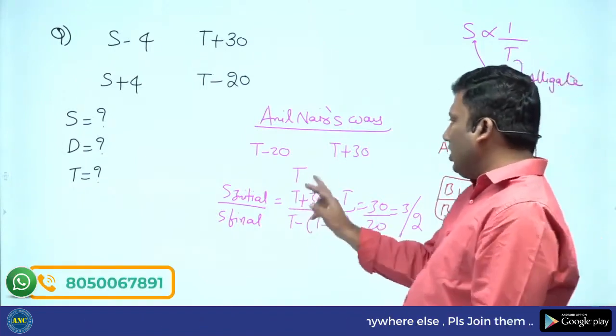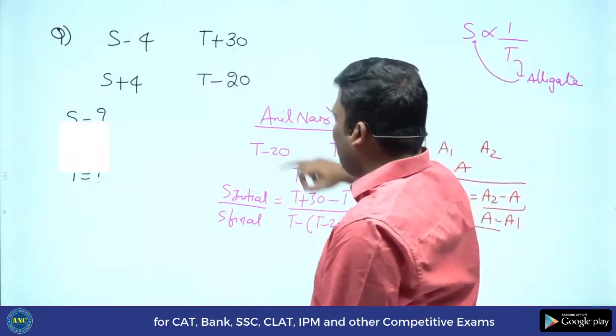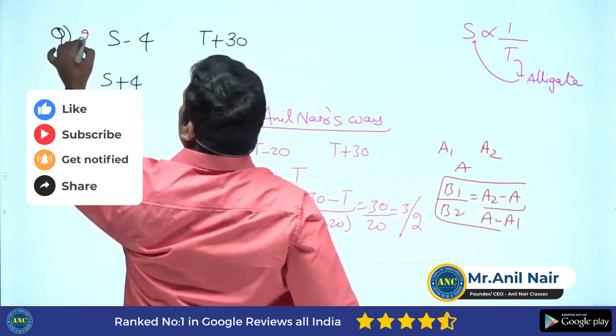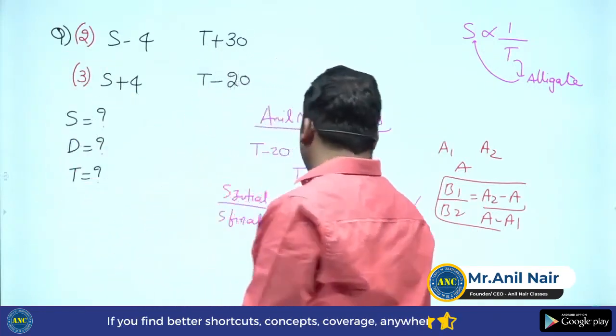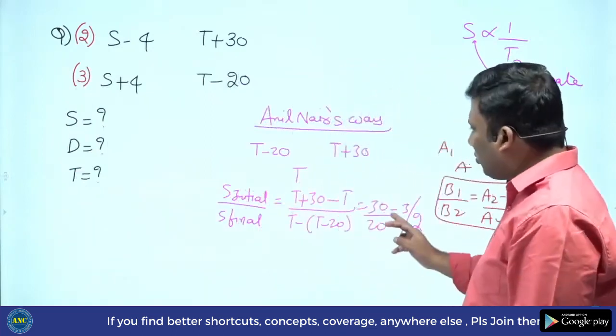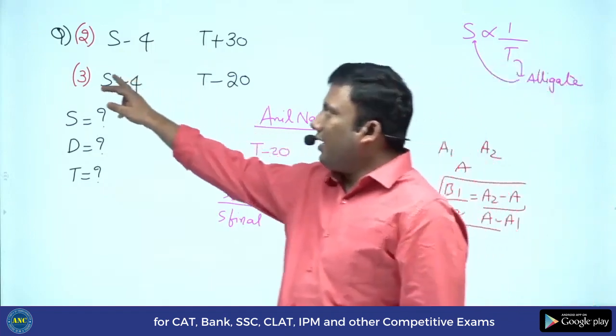So T minus 20 is initial, and this becomes 2 is to 3. I hope the idea is clear. So initial is 3 and final is 2.